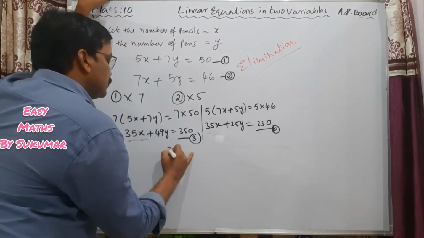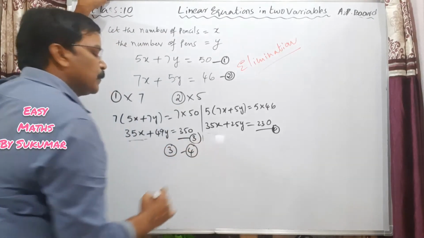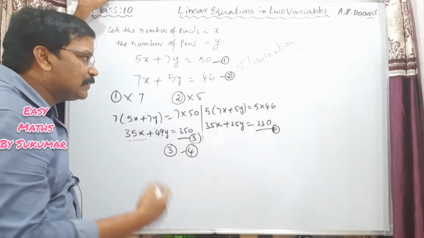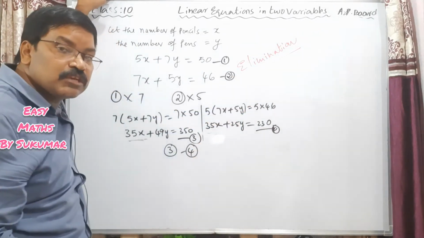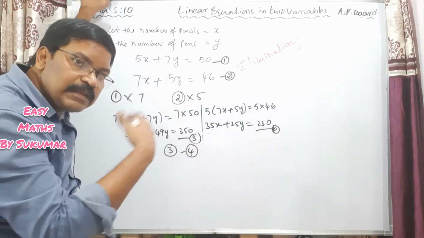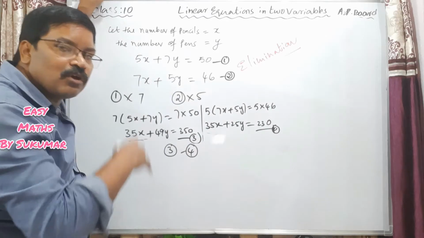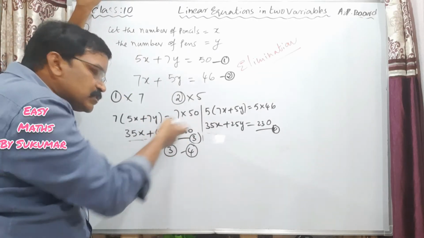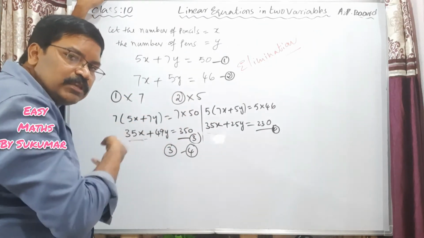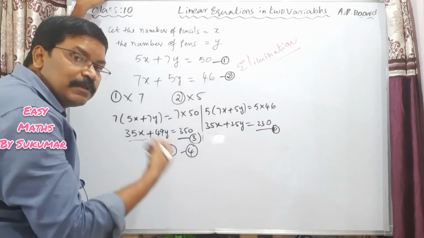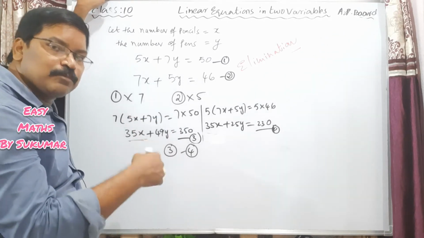Now 3 minus 4. Let us subtract. This, as I told you, is the elimination method. We are eliminating either x or y, and here the x coefficients are equal in both equations, so we are eliminating the variable x.